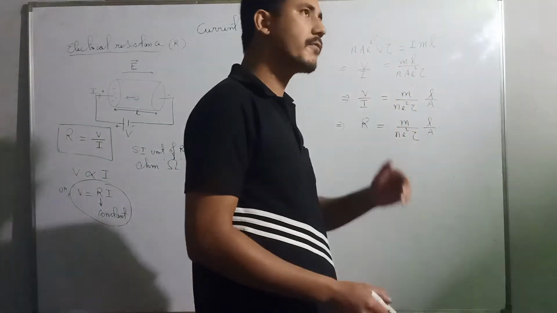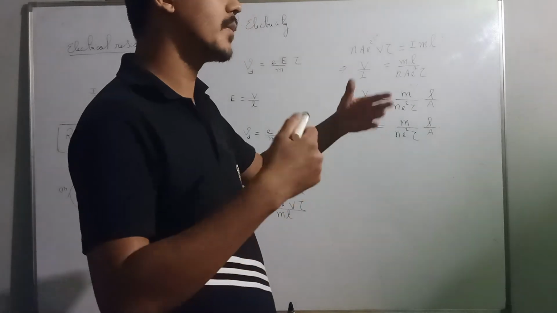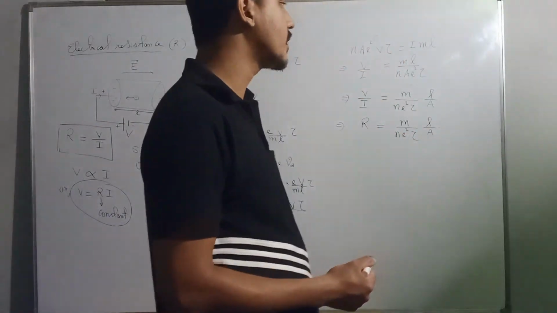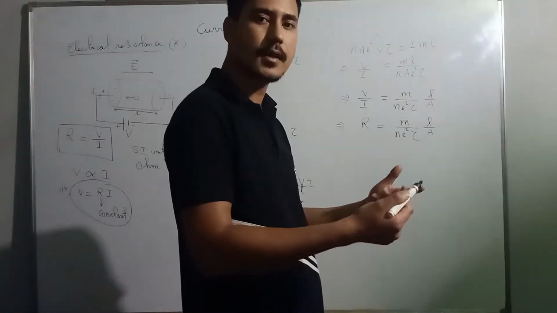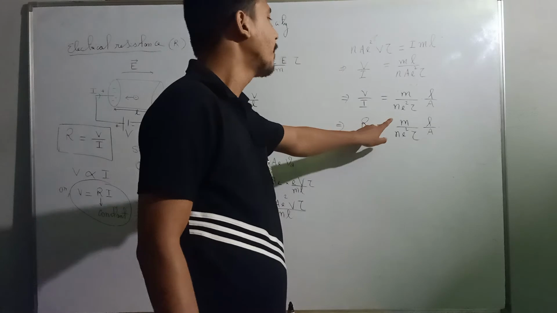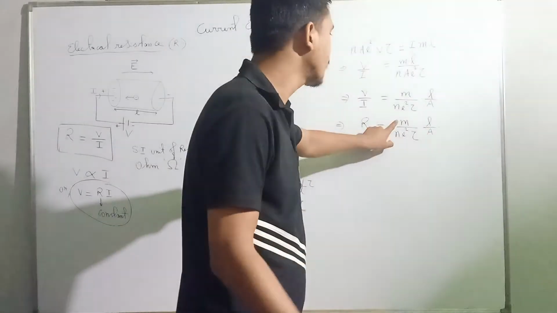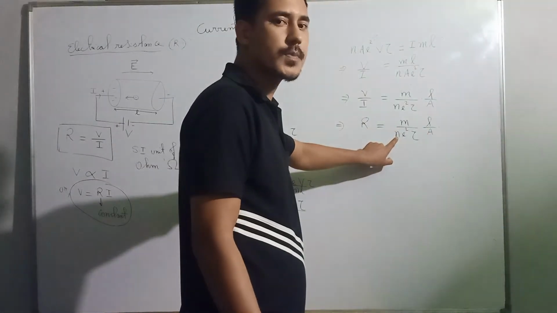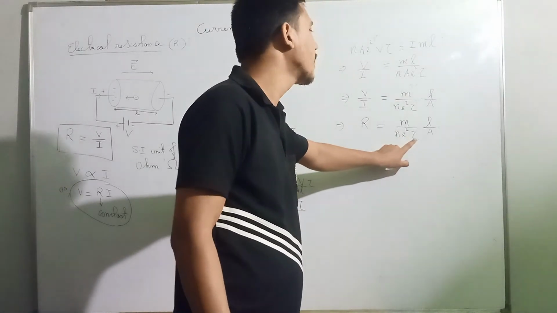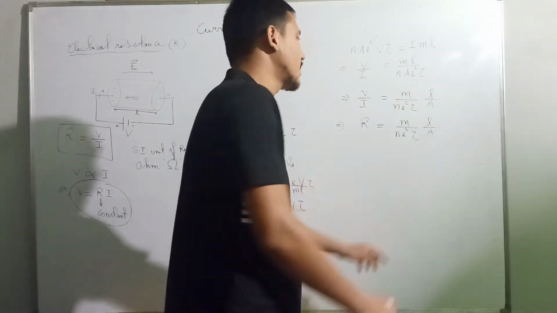Here L means length of the conductor, which can be varied. A means area of cross-section of the conductor, which also varies. So L is variable, A is variable, but mass of the electron is constant, number of electrons per unit volume is constant, charge of an electron is constant, average relaxation time is constant.